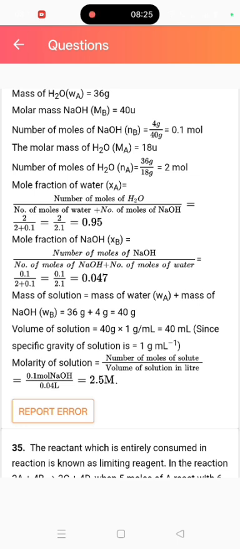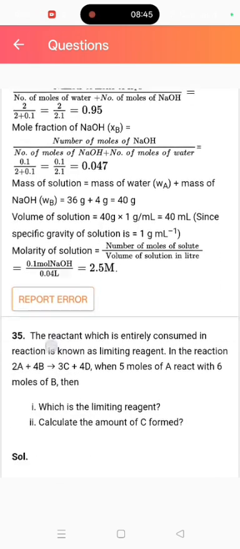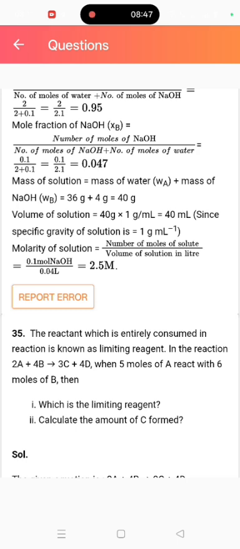See, we know mass by volume is density, and density is 1 gram per ml. So volume is equal to mass by density. Here 40 by 1. So 40 into 1 gram per ml is wrong. Okay, 40 by 1. 40 by 1 is 1, and the gram per ml changes. So it comes to 40 ml.